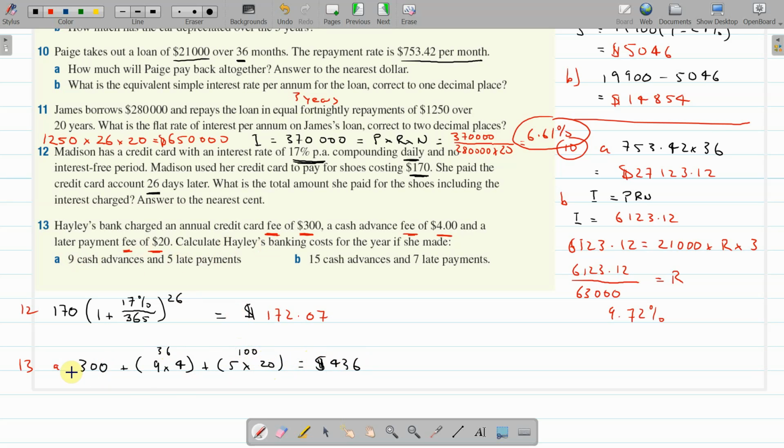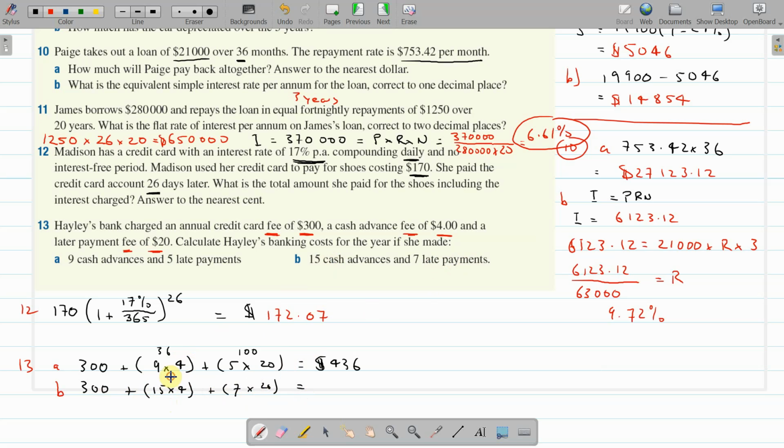For that scenario. Then scenario number 2, yearly credit card fee plus we've got 15 cash advances at $4 for each one, plus 7 late payments at 20.